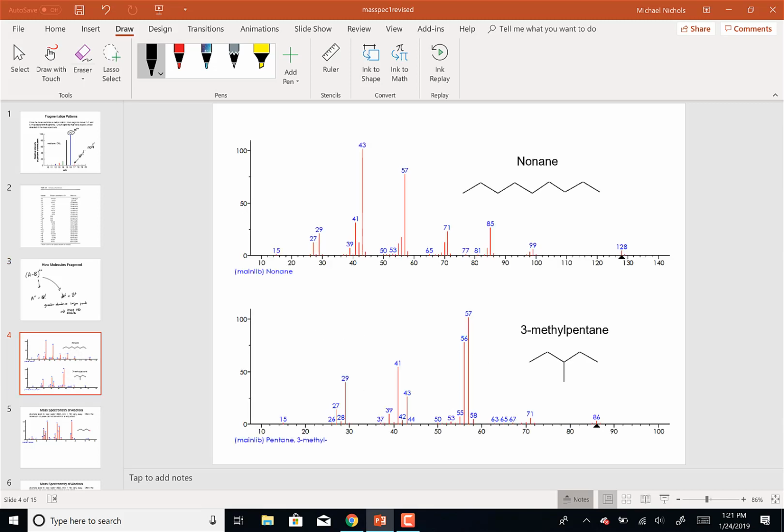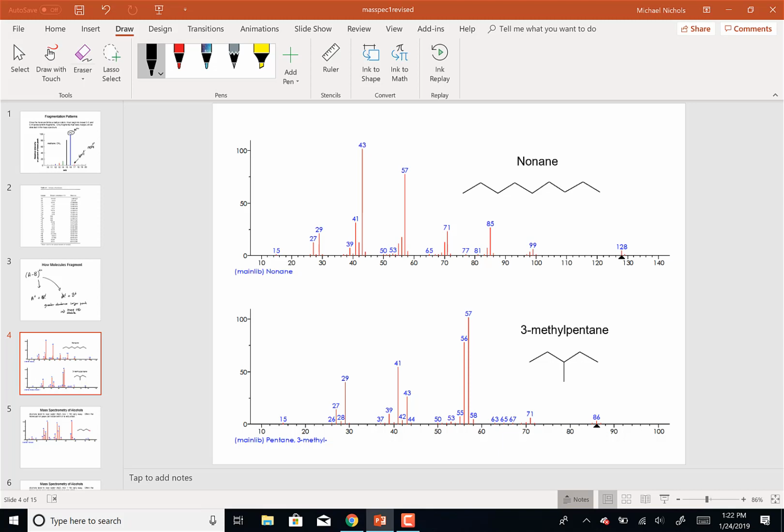Okay. So let's take a look at a couple of alkanes. We've got nonane, and we've got 3-methylpentane. Now, these mass spectra that I've given you, and these include the ones in the homework, are taken from the instrument next door, from a 102,000 compound database. I can go in and pull up any molecule I want that's in the database. The little triangle tells me what the molecular weight is.